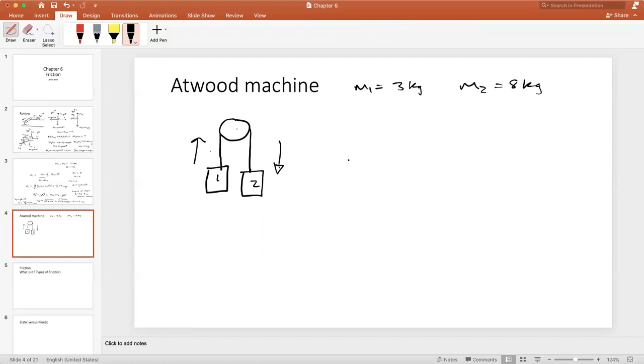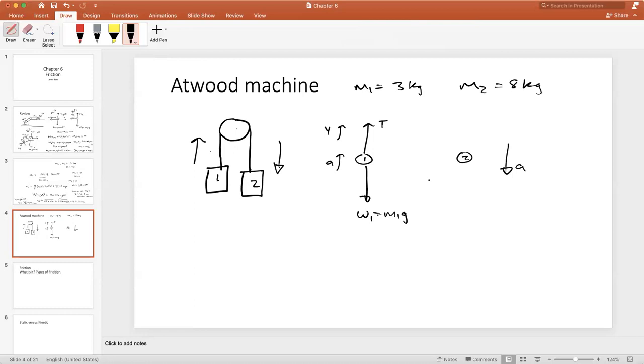When we do the free body diagrams on 1 and 2, we have to do the tension. There's no normal force because they're hanging. There's a weight. This will be weight 1, which is m1 g. We're going to say that y is positive up and our acceleration is positive up. If that's positive up, the acceleration needs to be positive down for 2.